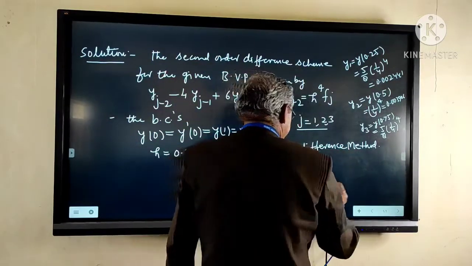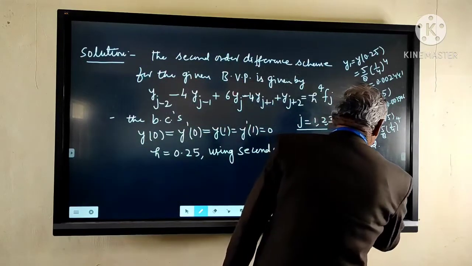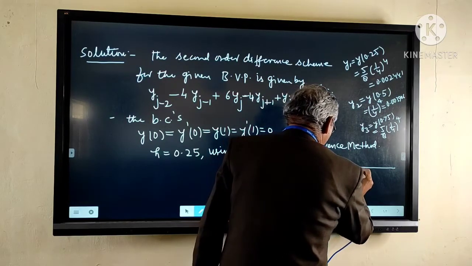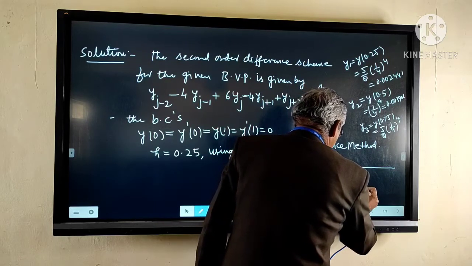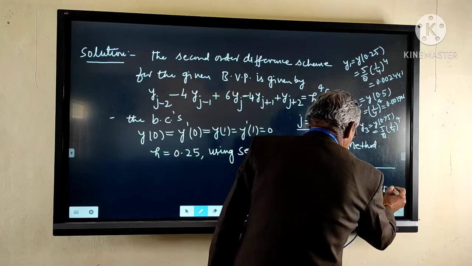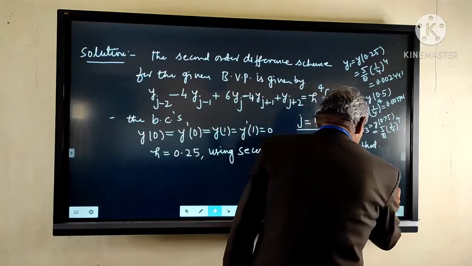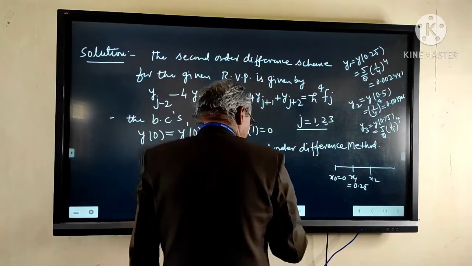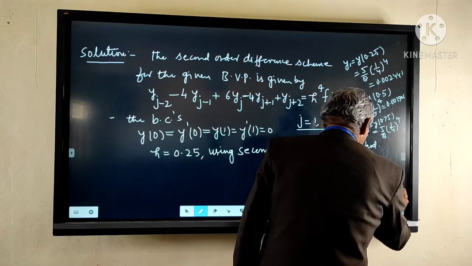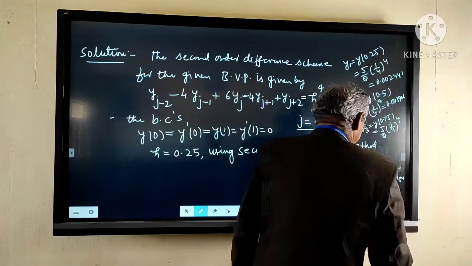Here we have x0 equals 0, x1 equals 0.25, x2 equals 0.5, x3 equals 0.75, and x4 equals 1.